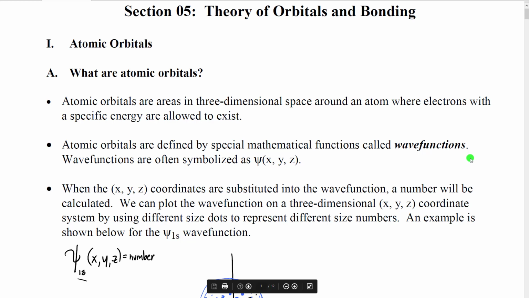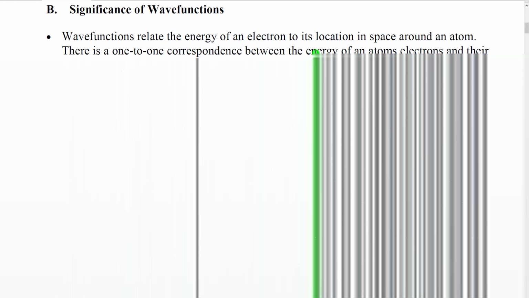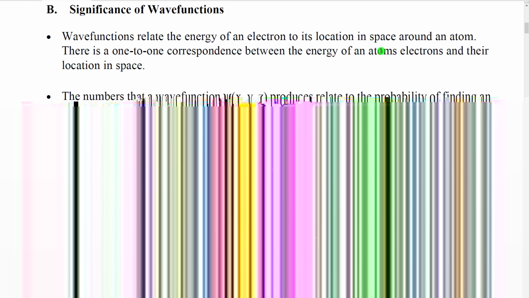So what that's basically saying is if an electron that's around an atom has a certain amount of potential energy, then it will be in a particular location of space. If we change the energy of the electron, the location in space will change. If we change the location in space, the energy will change.